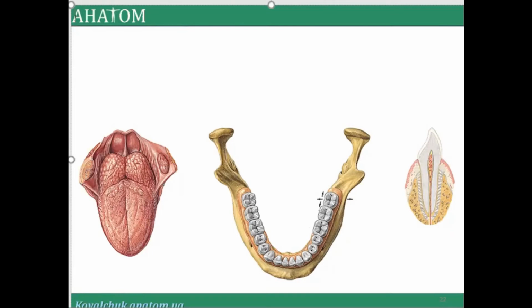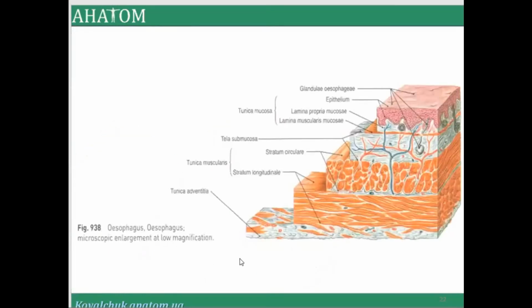And very important, it's the layers in the structure of different organs in the digestive tract and respiratory tract and others. For example, the esophagus will have mucous membrane, tunica mucosa, tela submucosa with a big portion of vessels, nerves, and other structures, and tunica muscularis with different muscle layers.